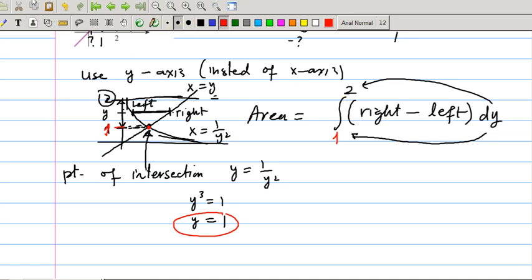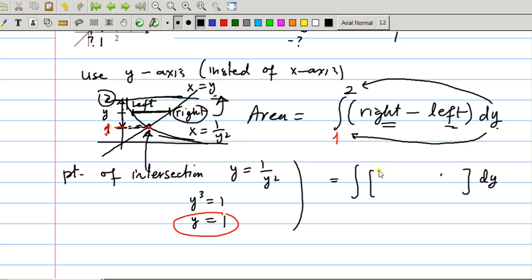Because you see, one is y, the second is 1 over y square. So this has become y cube equal to 1, so y will be equal to 1. So this y is equal to 1 comes here. It means my y goes from 1 to 2.